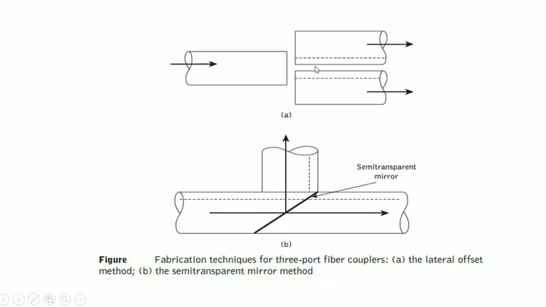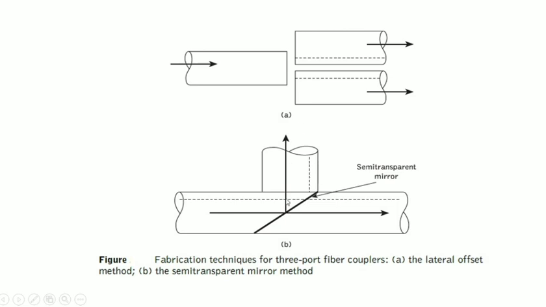By controlling the axis of the fibers, we can have appropriate power distribution. Where will it be used? It is suited for multi-mode fibers. The drawback of this lateral offset is that all the input light signal cannot be coupled to the output fibers. That is one drawback of the lateral offset method.